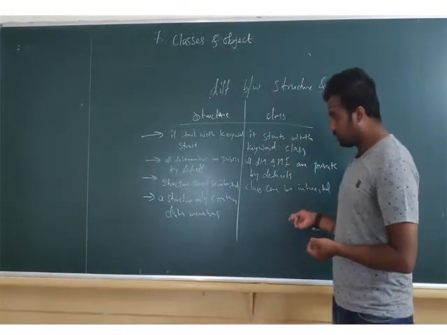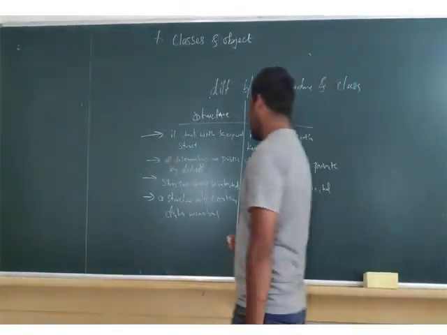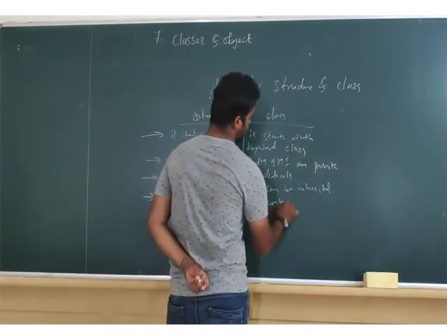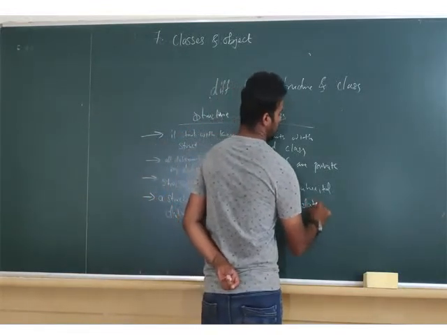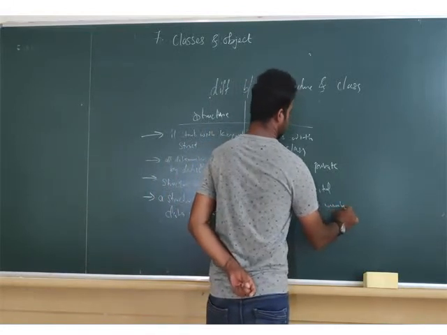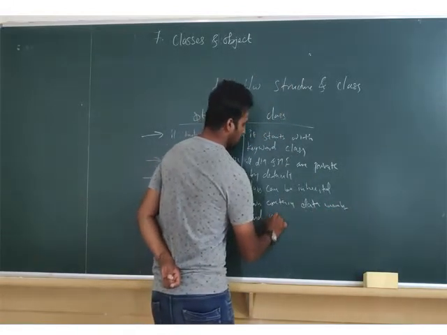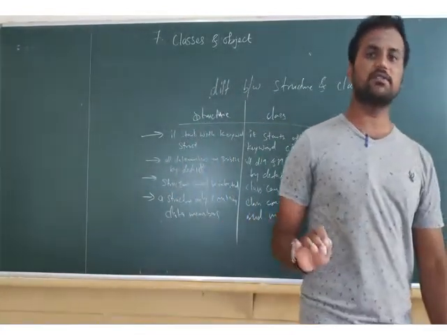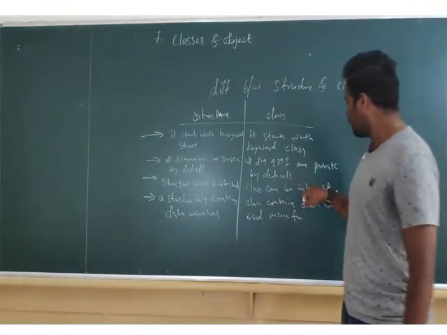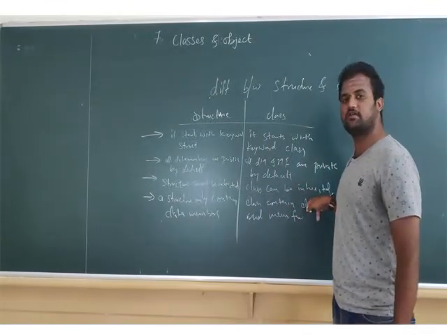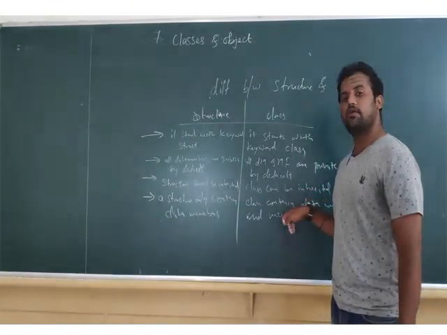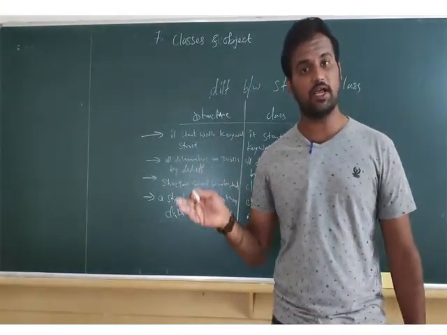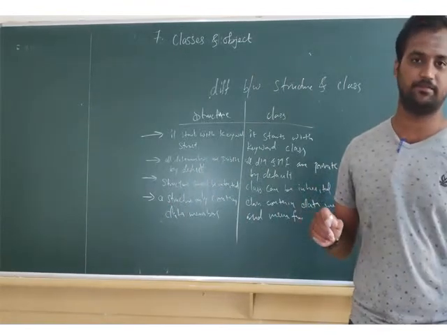When it comes to class, a class contains data members and member functions. Class contains data members and member functions means here data members means integer, float, char, whereas member functions means void read, void add, void calculate, void display, those are.